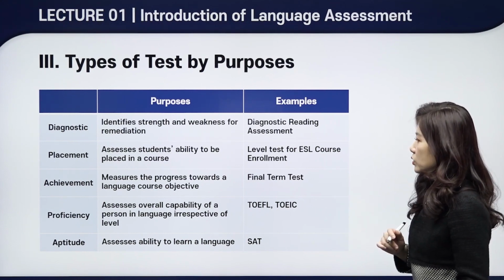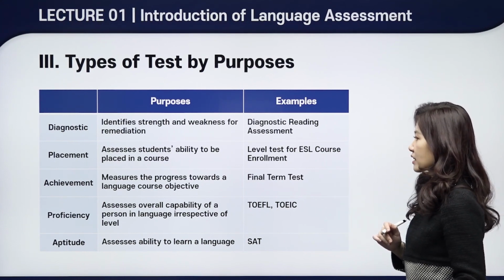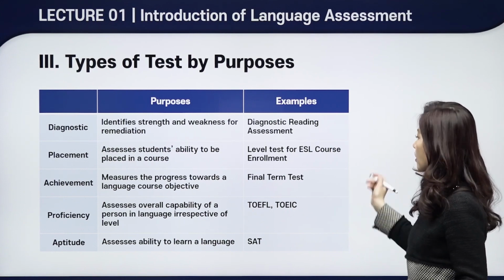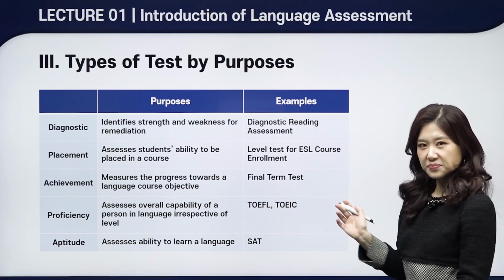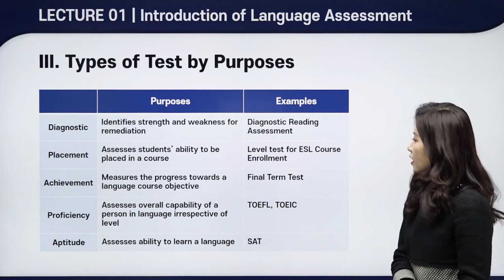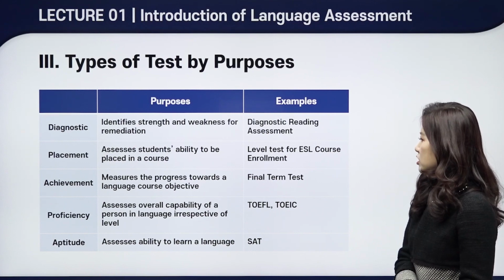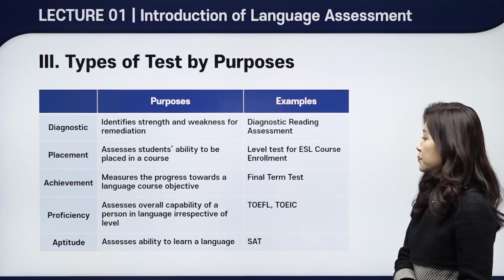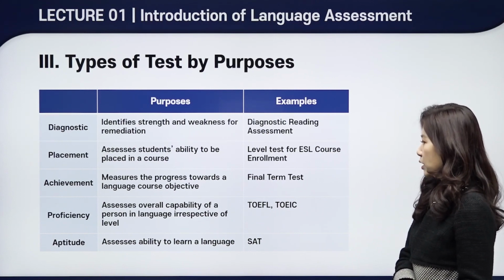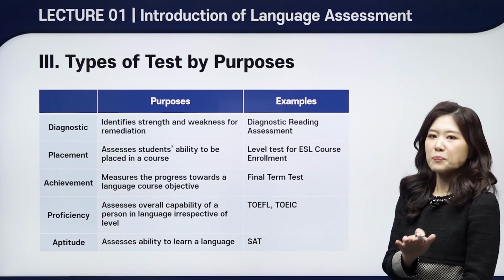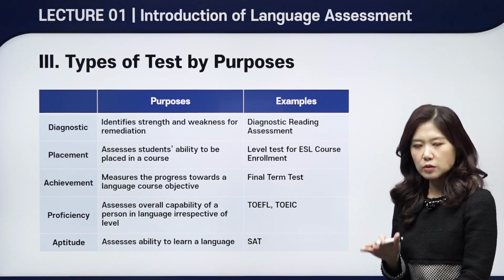Achievement test, which measures the progress towards a language course objective. So for example, a final term test. There are also proficiency tests, which assess overall capability of a person in language irrespective of level. So it doesn't matter whether you're a beginning learner, intermediate, or advanced learner.